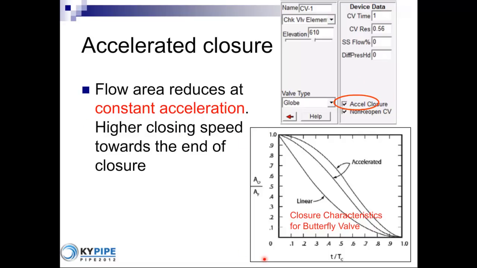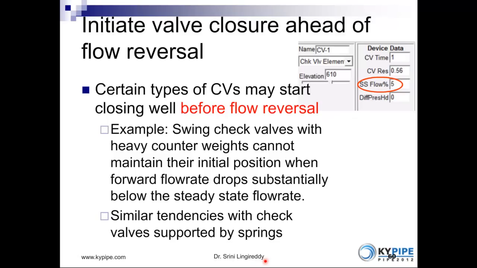Okay, so that can be specified. I have one or two examples towards the end that will show you what the results look like. So basically, higher closing speed towards the end, and lower closing speed in the beginning.